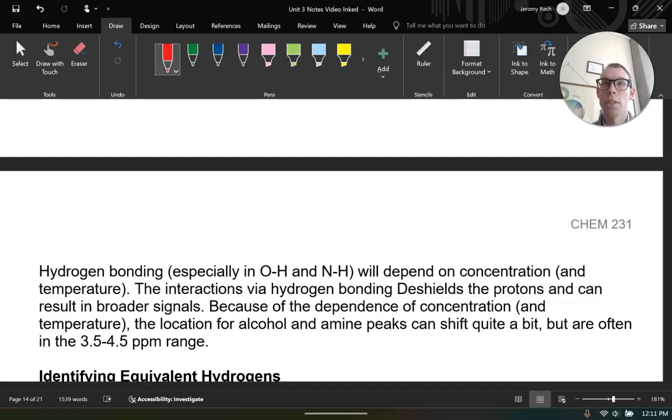As you increase or decrease the concentration, you change how much hydrogen bonding is able to happen. So that's why they're in different environments. And one way to figure out if you have hydrogen bonding in your sample is to take the same sample and measure it at a bunch of different temperatures. If you see the peak shift as you change the temperature, that can be a big hint that there is hydrogen bonding present.